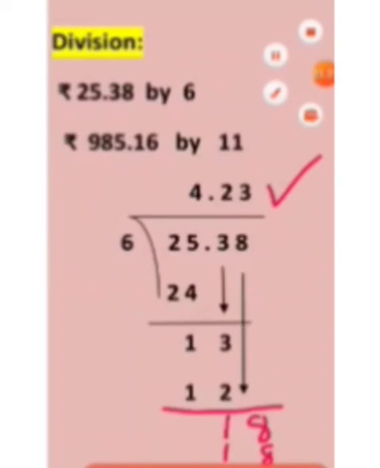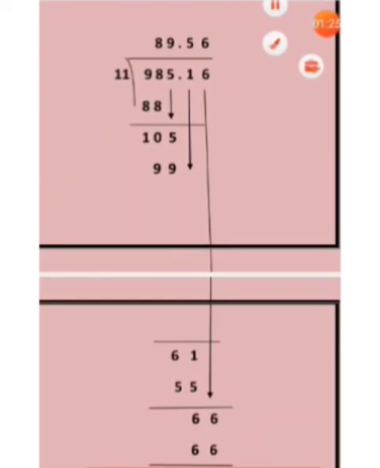Now come to the next. Now students, come to the last part of today's worksheet. That is last division. Here I took the number 985.16. This is the dividend and 11 is the divisor.